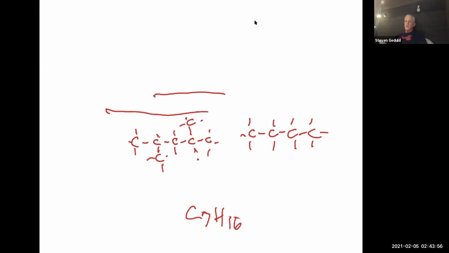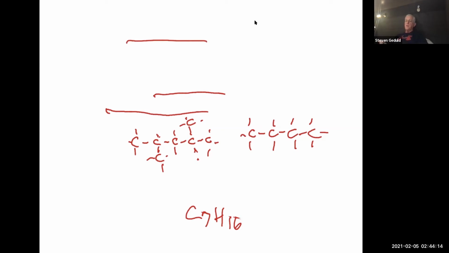So you have to have enough hydrogens to make every carbon have 4 bonds. That's what substituted means. They have to have enough hydrogens to make sure every carbon is going to have 4 attachments to it.